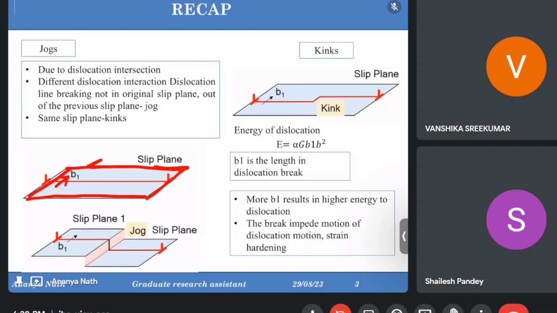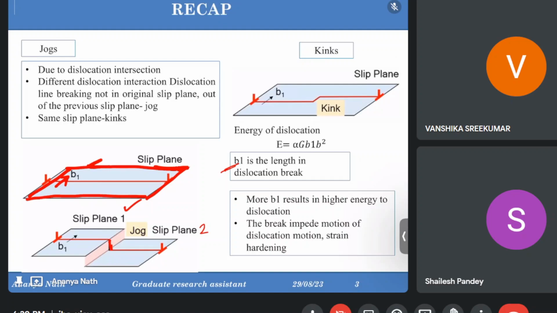Before, the dislocation was in plane 1, but after breakage the next part of the dislocation is moving in slip plane 2. There is a length by which they have separated, the distance they have traveled due to the breakage, and this distance is p1, the length of the dislocation break.